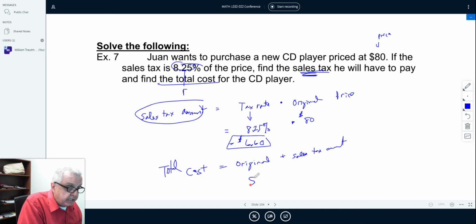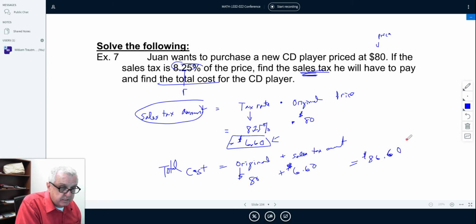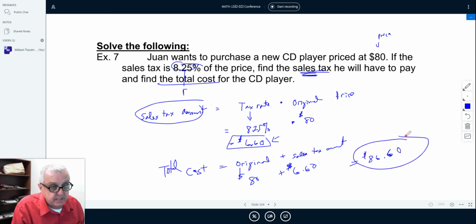You pay the $80 plus the sales tax amount, and we said the sales tax amount was $6.60. So 80 plus $6.60 is $86.60. So when you go to the counter thinking you're going to pay $80 for a CD player, you actually have to pay $86.60 because you also have to pay the sales tax.